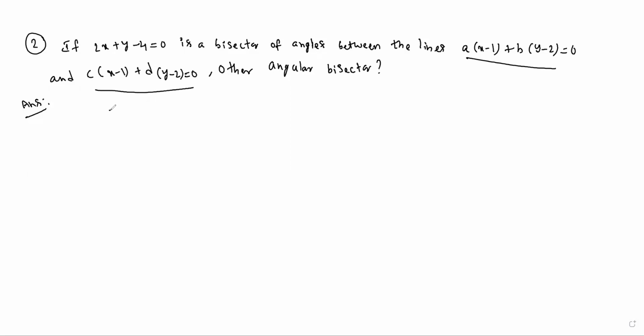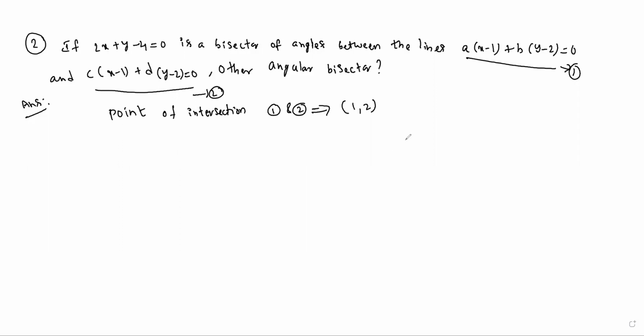Take this as equation 1, this as equation 2. The point of intersection of 1 and 2 is where both will be satisfied, because at 1, 2 if you substitute in these, both will be satisfied. So this point of intersection is 1, 2. The other angular bisector also passes through the same point of intersection where these two lines intersect, and it is perpendicular to the given angular bisector.